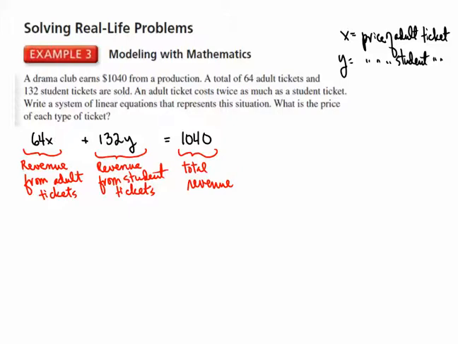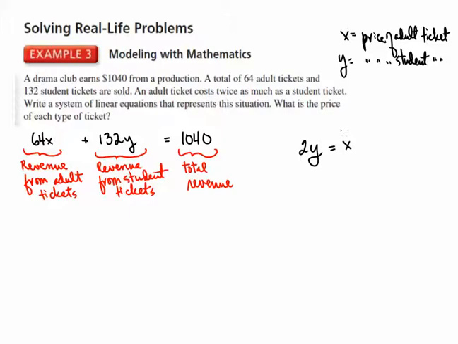Now the only other piece of information that's going to help us here is that adult tickets cost twice as much as student tickets. So if you recall that a student ticket sells for Y, and two of those would be equal to the adult ticket.